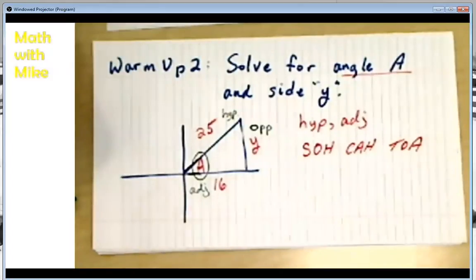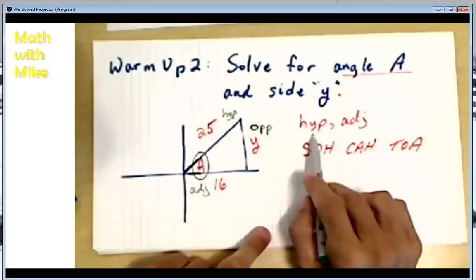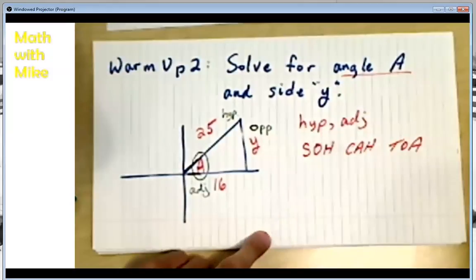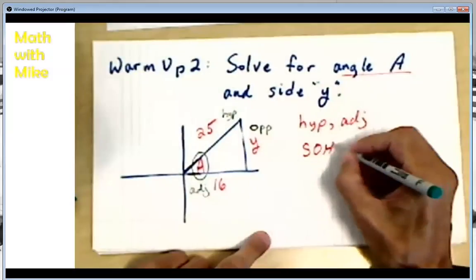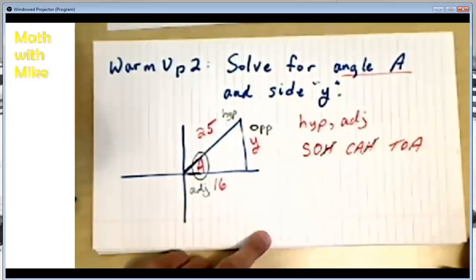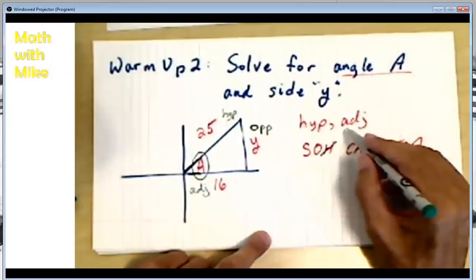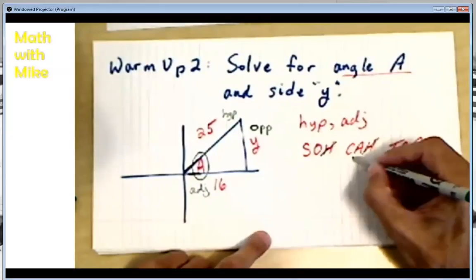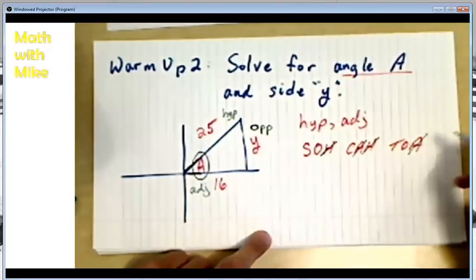Right, so we got a number for the hypotenuse and for adjacent, right? So that means we got hypotenuse, that's the H. And we got adjacent, that's the A. So that's good.